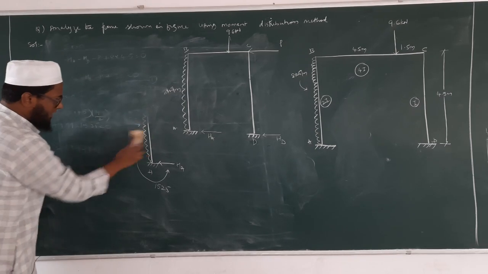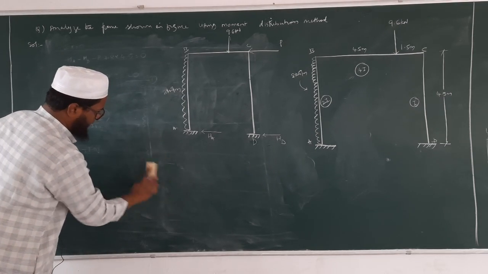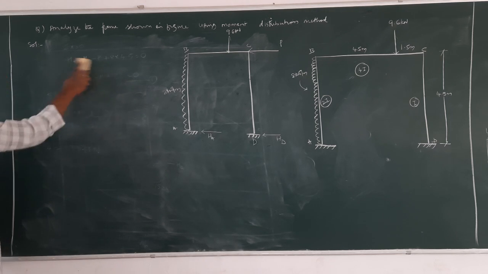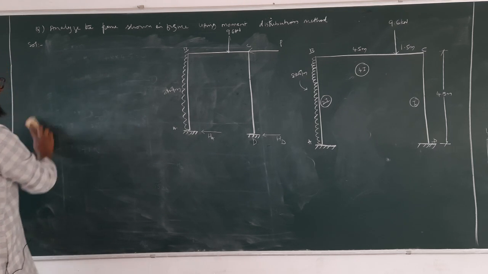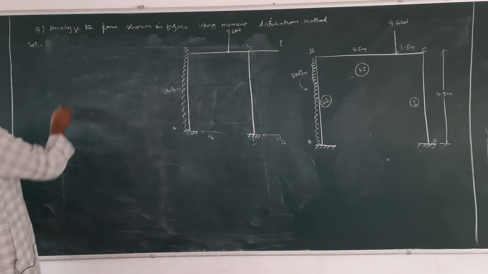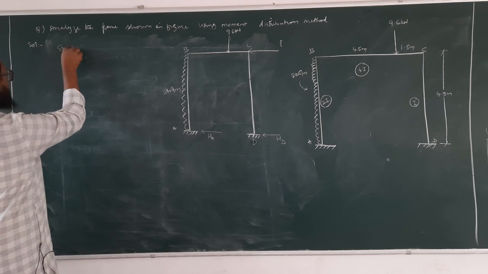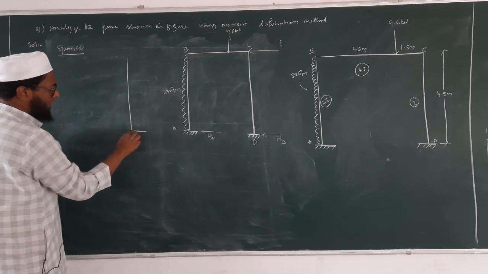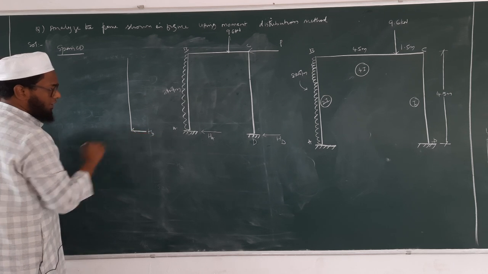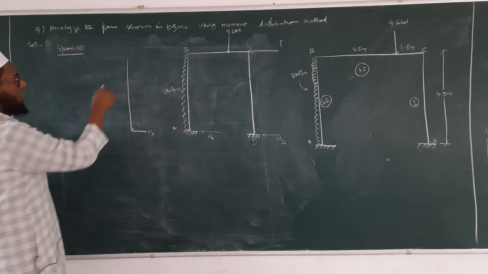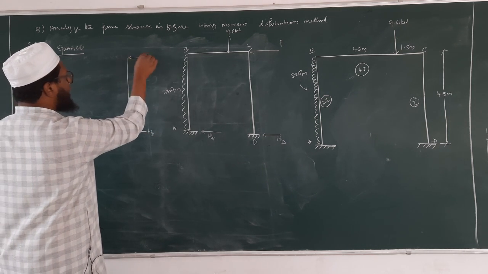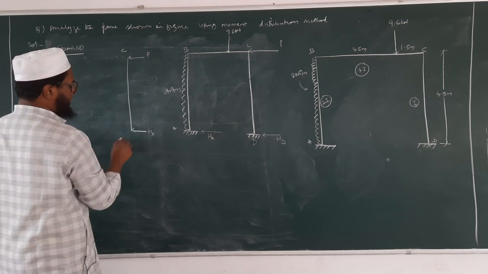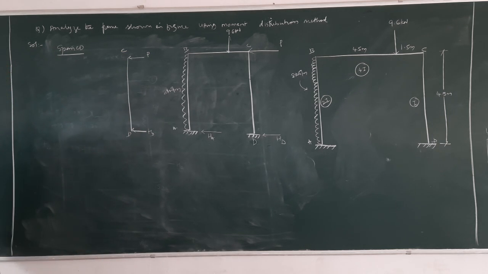We will consider another span, that is CD. So in case of span CD, we have one horizontal reaction, that is HD, and one force P at C. This is point D. And do we have any other force?